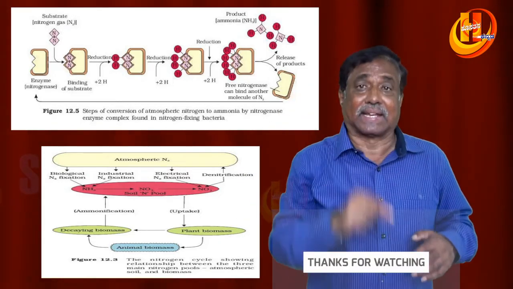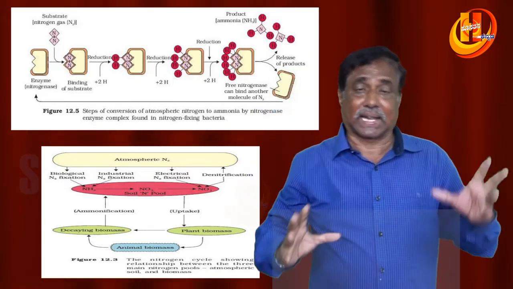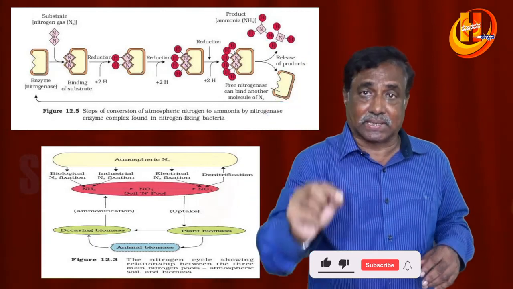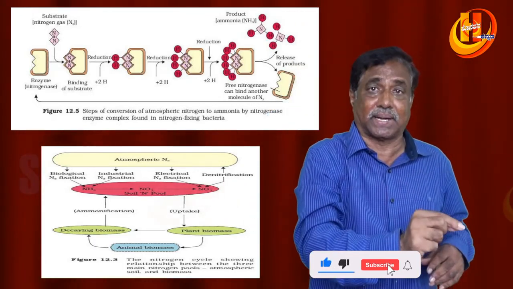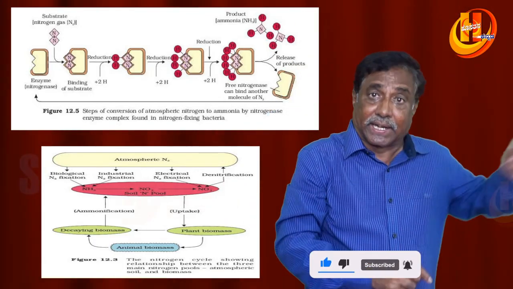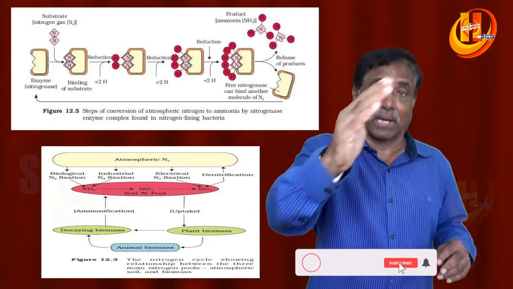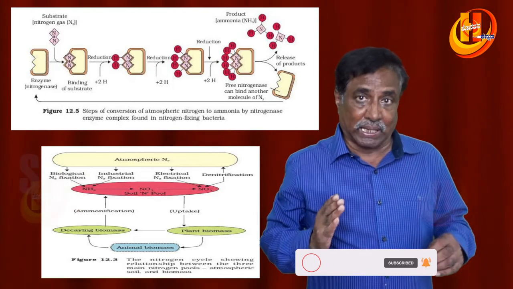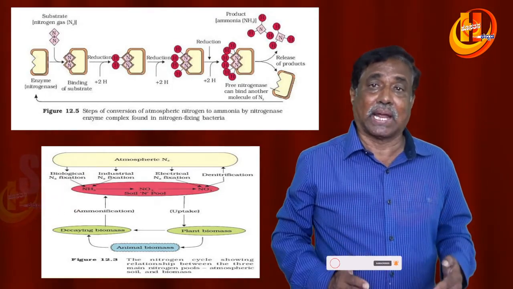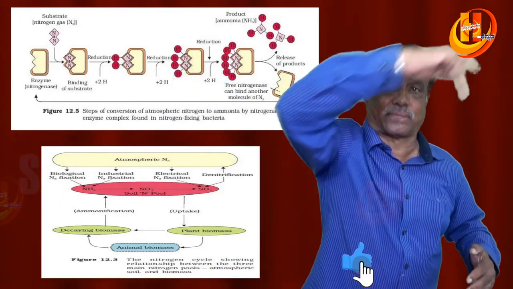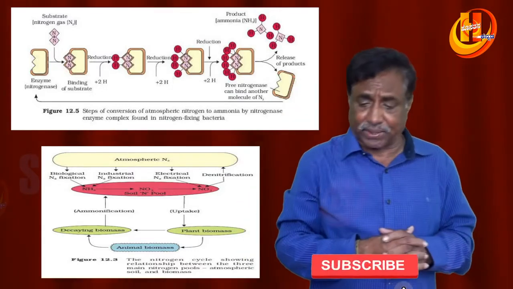is cyclic. So once again briefly, biological fixation, symbiotic fixation, non-symbiotic fixation, high energy fixation, and then converting the free elemental nitrogen into ammonia by nitrogenase, ammonia into nitrate, and again into free elemental nitrogen, called nitrogen cycle.